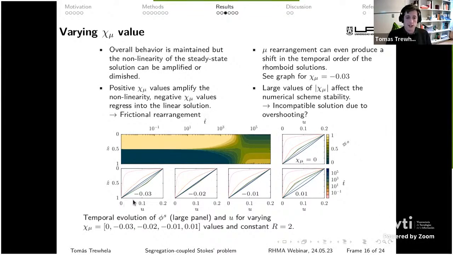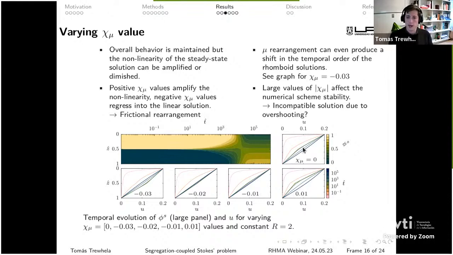But if I change this chi mu to negative values, you will see that this solution in green here in the velocity profiles will move towards a positive side, but then it will regress towards the steady state in blue. But if I move towards a positive value for chi mu, you will see the opposite.